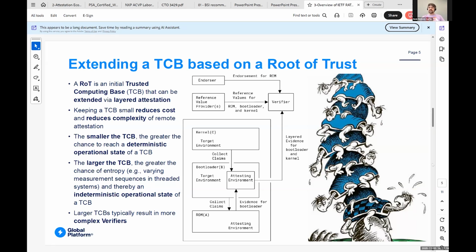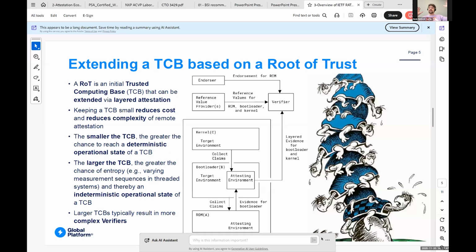The larger your TCB becomes, for example if you include user space, it might result in a combinatorial explosion of measurements, because today there are threaded systems, there are race conditions. Sometimes the first measurement arrives before the other, and if you're using certain evidence creation mechanisms like a TPM and try to extend a PCR, you might be aware that these will come up with different quotes. You have to replay the logs, and it is a lot of data.